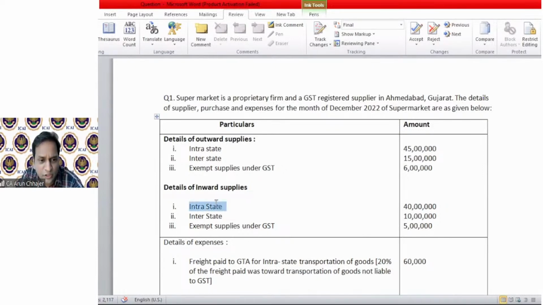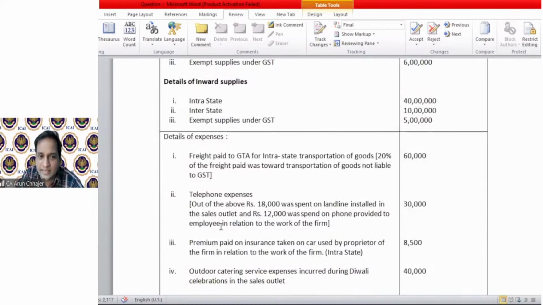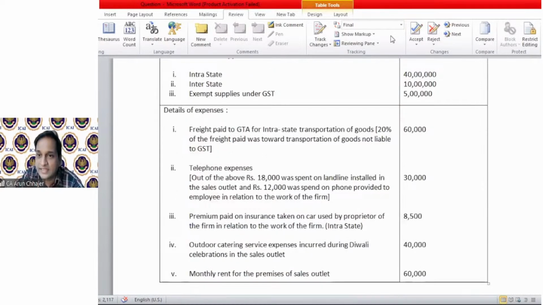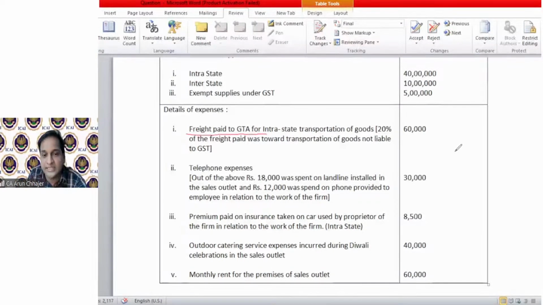The details of inward supply, intrastate and interstate. Exempted supplies under GST. Now they are saying that there are the following common expenditure. The freight paid to the GTA for intrastate transportation of goods. 20% of the freight was toward the transportation of goods not liable to GST.